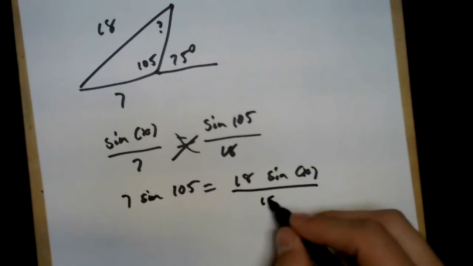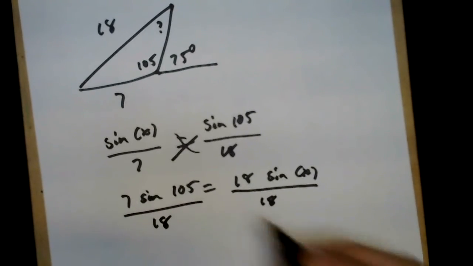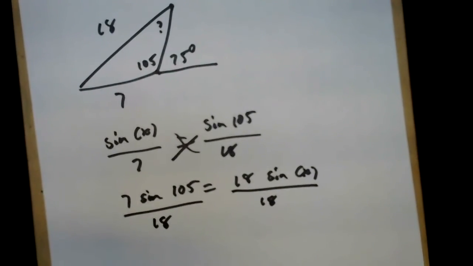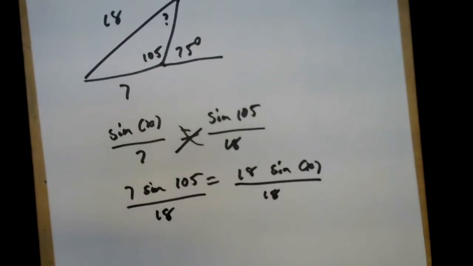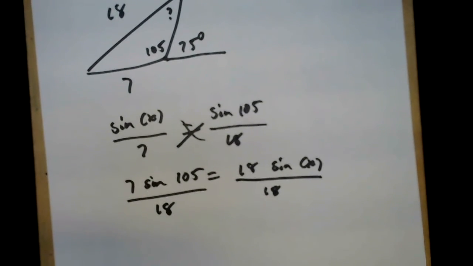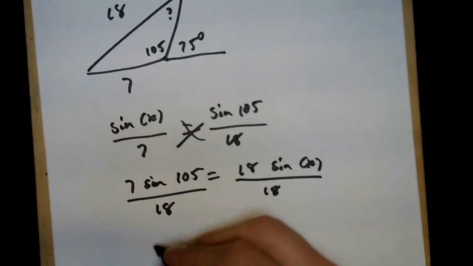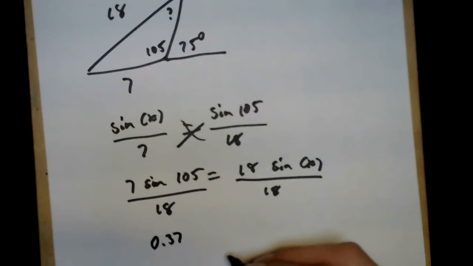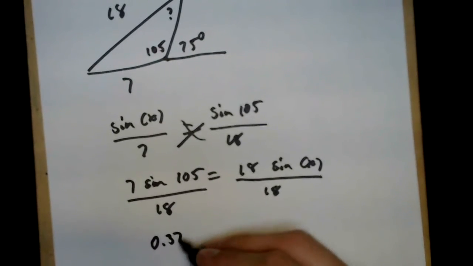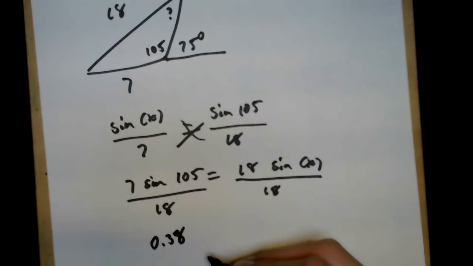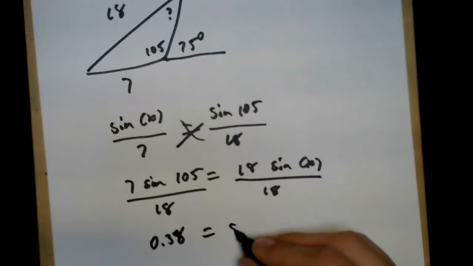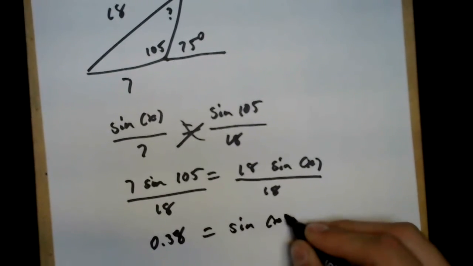Well, first you divide it by 18 to get sine of x by itself. If you want to, you can just keep it in your calculator. Over 18, you get 0.37. Rounded would be 0.38 equals sine of x.